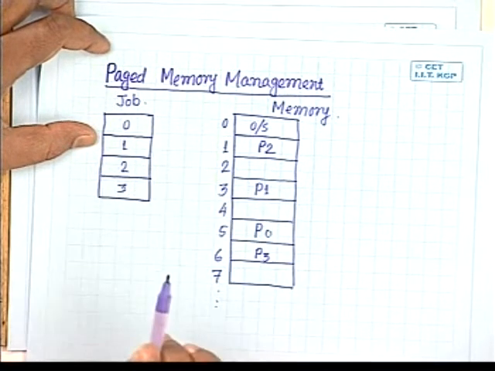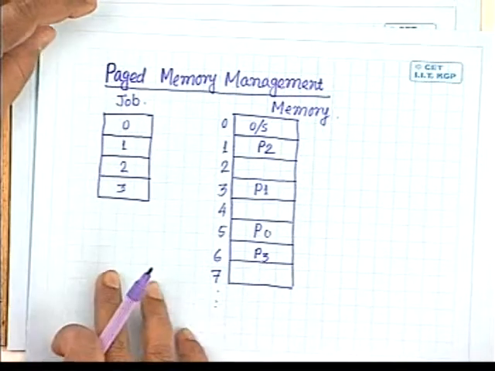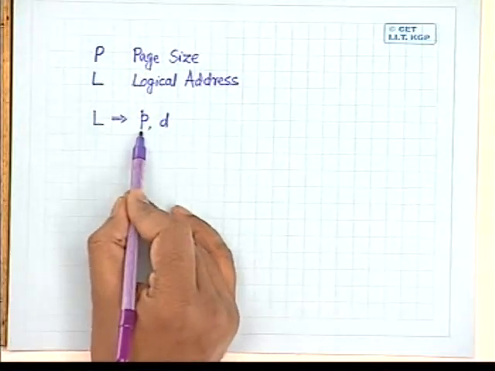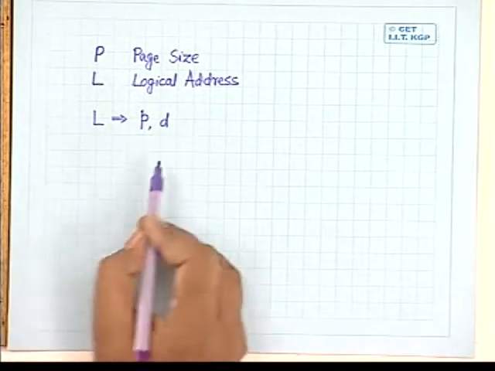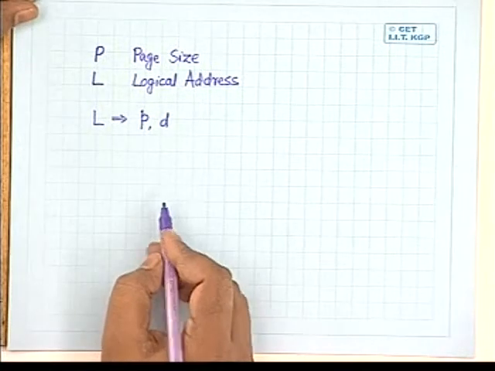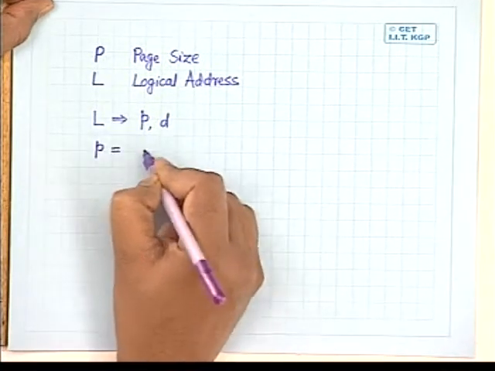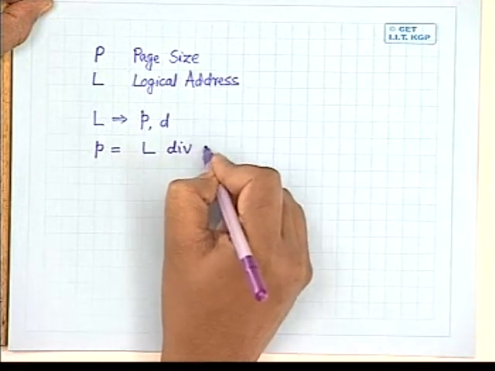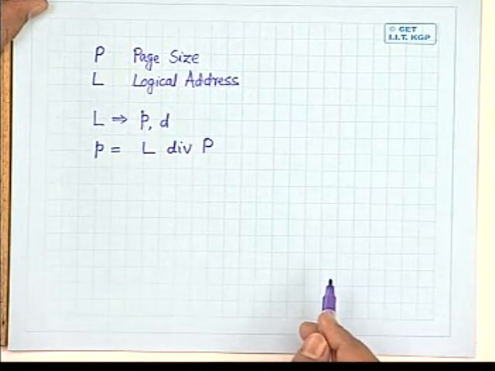This is a one-to-one mapping. So for every logical address, I have to convert the logical address into an ordered pair of the form page number and displacement, or offset, within the page. How do you find it? It is very simple. p is nothing but L div P, where capital P is the page size.